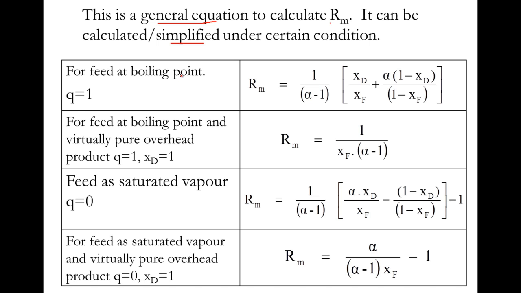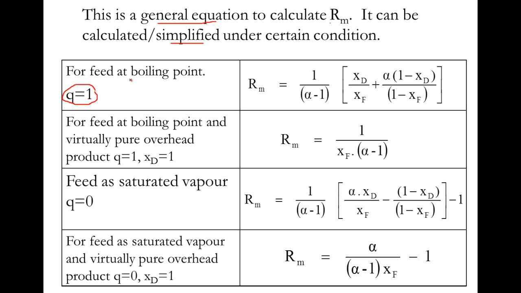For example, when q equals 1, that means the feed is at boiling point, a saturated liquid, then q is going to be 1.